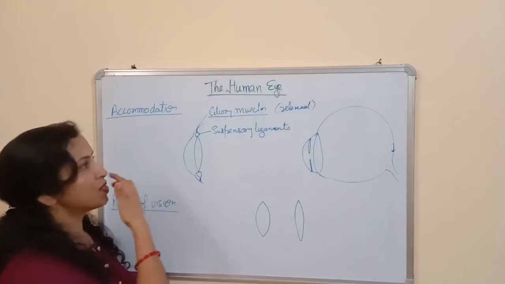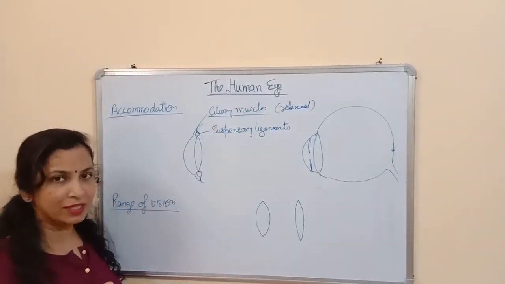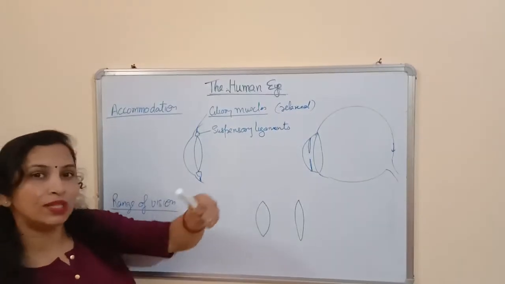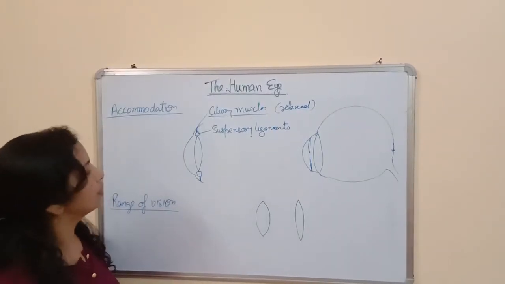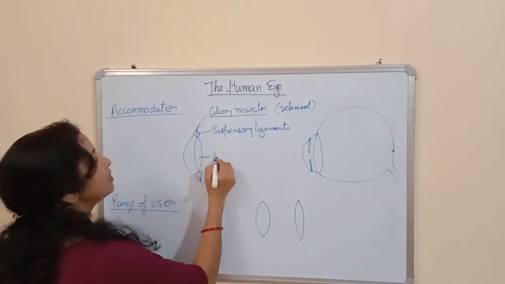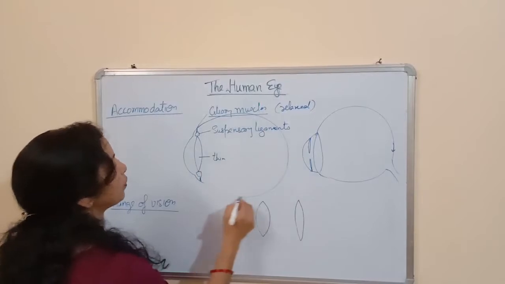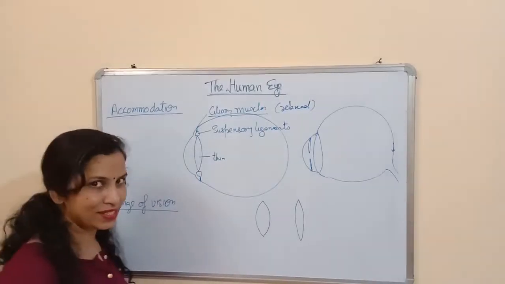So in this case, what happened? When the ciliary muscles get relaxed, suspensory ligaments pull the lens, and by pulling, the lens becomes thin. And when this lens becomes thin, what happens to its focal length? Its focal length increases.